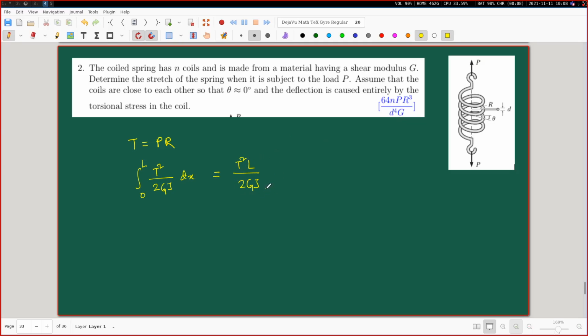The only problem is, what is this L? Any ideas? Number of turns into circumference. Yes, that is the thing. And that kind of idea works only because we have been given the simplifying assumption that theta is approximately equal to 0 degrees.